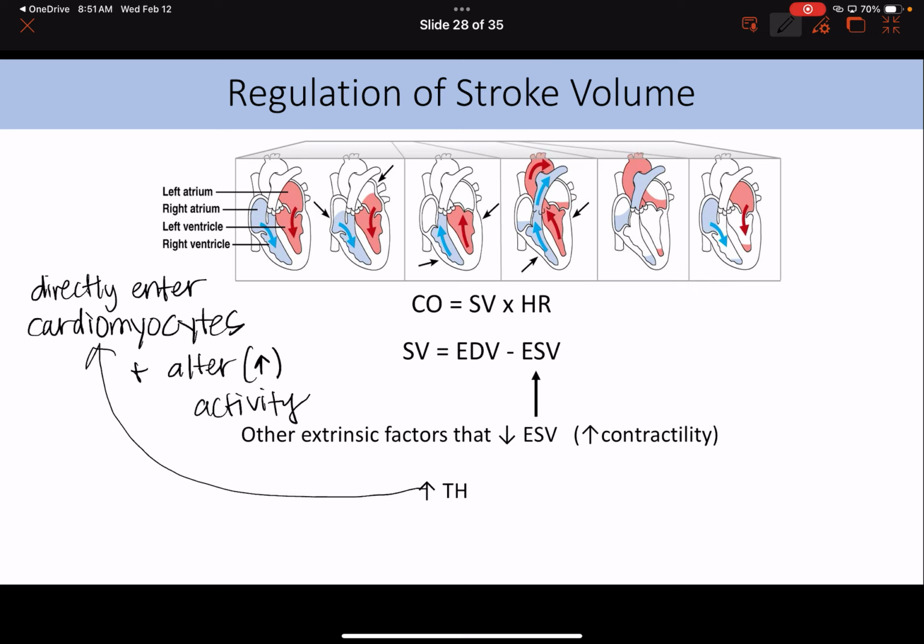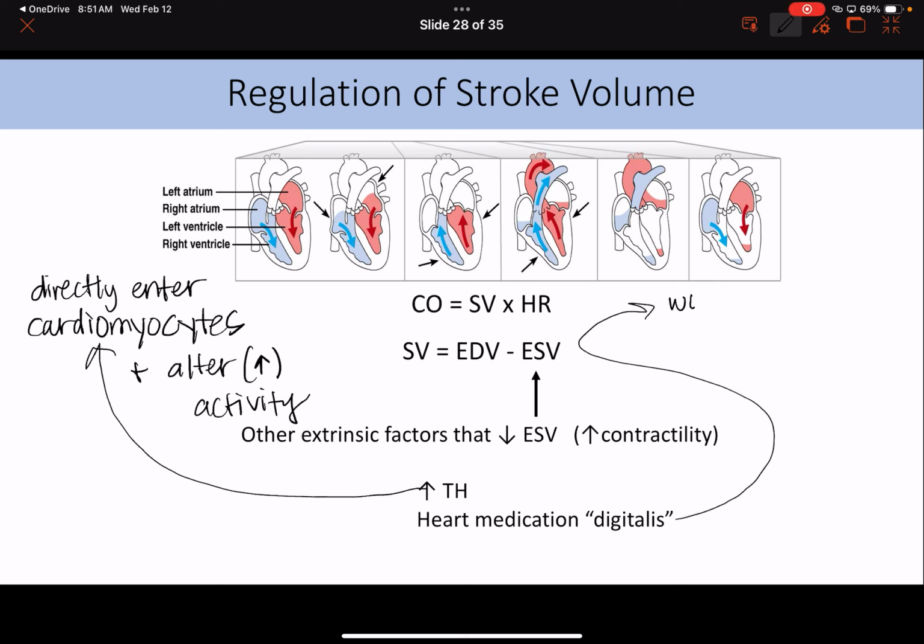Another way to increase contractility, which is going to decrease ESV, is a heart medication called digitalis, sometimes called digoxin or lanoxin. Those are all heart medications. They increase contractility by increasing intracellular calcium.